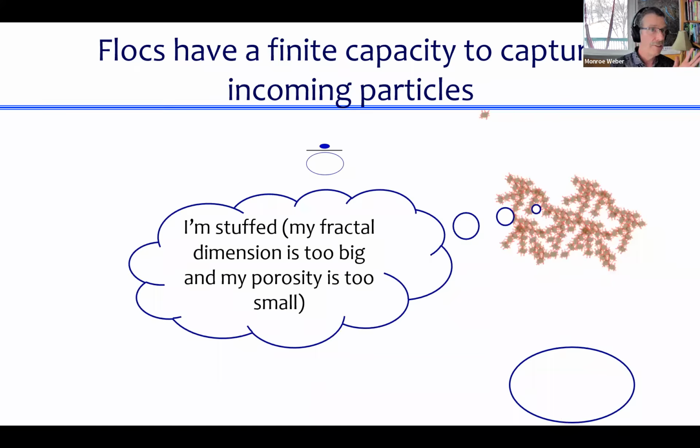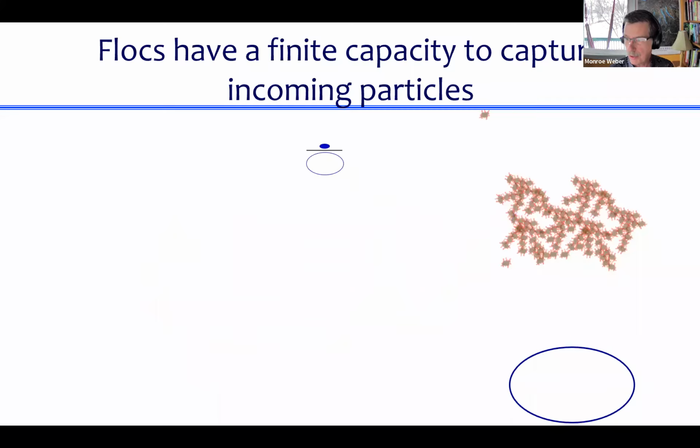And now the floc's porosity has been reduced, so there's very little water that's actually flowing through the floc anymore. The water is instead flowing around the floc. And so now when we send another particle up through in that same spot, it just goes around the side. So this floc is now one of those blue flocs with lots of red dots in it, and it's full, and it no longer is capable of catching any more red dots.